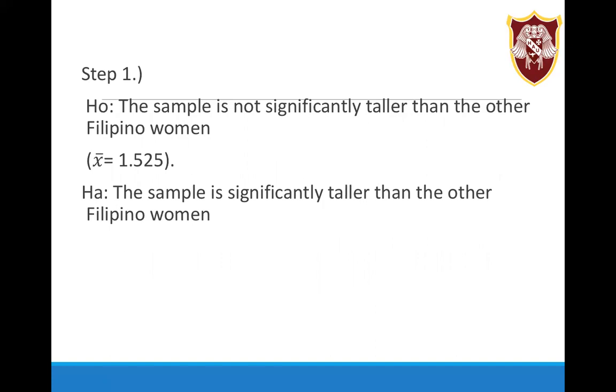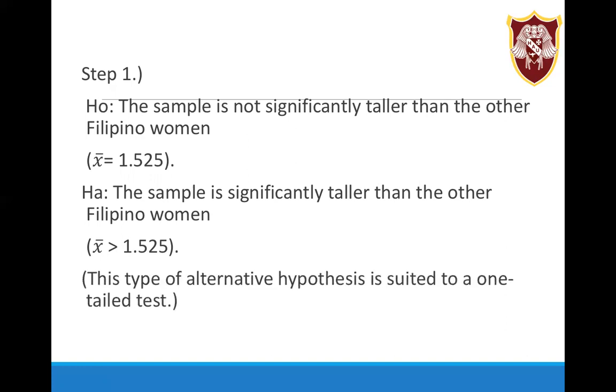So we are saying that the sample mean is greater than the population mean. So the difference between the two values is significant. And since we use the greater than symbol, we have again another one-tailed test.